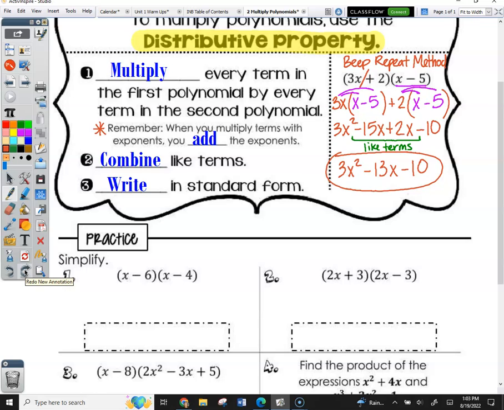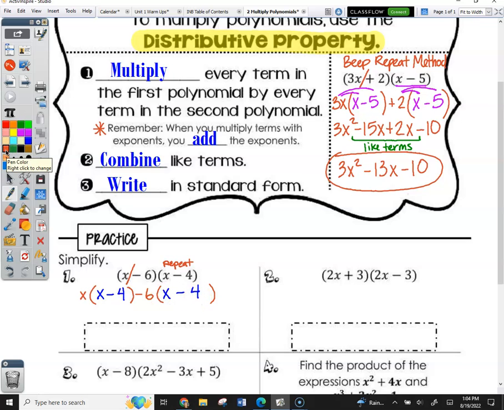All right, so let's practice. Here we go. We're going to set it up, split repeat or beep repeat. So look at this, split it up. You got x beep minus 6 beep. Beeps really help. Write this down. And then now you're going to repeat what's in the parentheses, the second set.